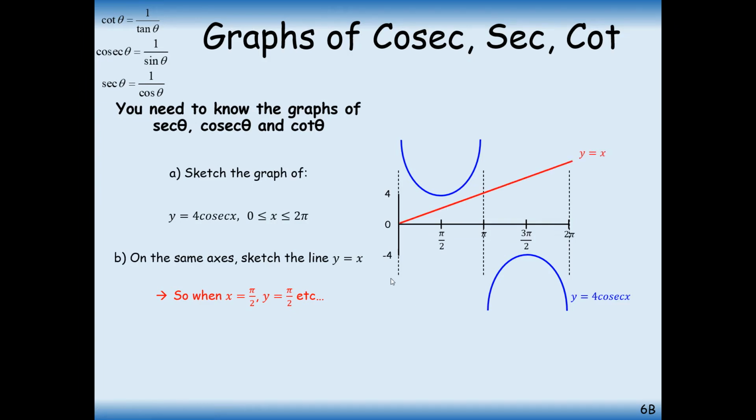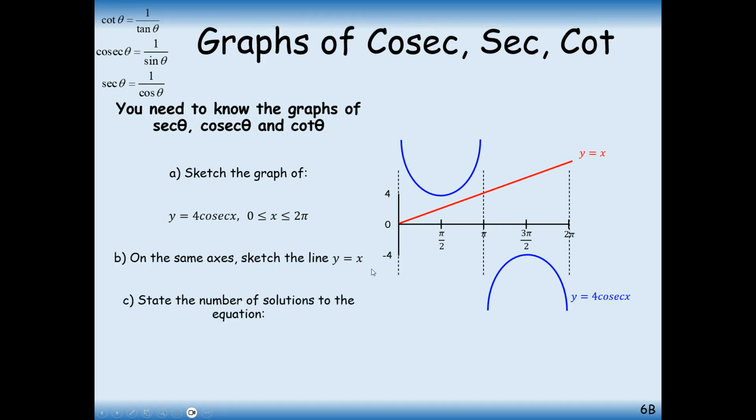So if we do that, we'll get such a line where pi will match up with pi, which means that the y value at this point would be 3.14, and so on. Then the next part of the question is asking us how many solutions there are for the equation 4 cosec x minus x equals 0.